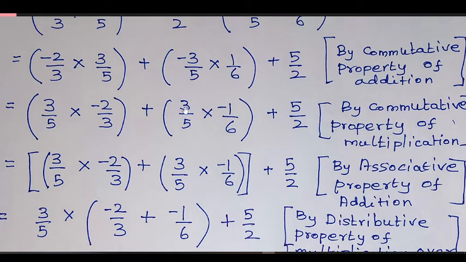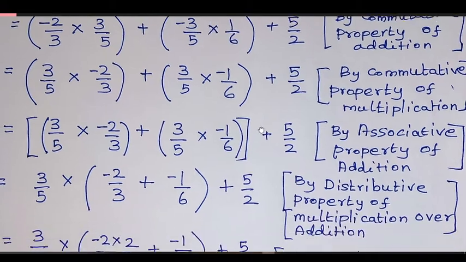The next term already has 3 by 5, but it is minus, so I don't want to confuse this minus, so I can shift that minus to minus 1 by 6. In multiplication, this minus can be tagged to any multiplier. The value won't change. So 3 by 5 into minus 2 by 3 plus 3 by 5 into minus 1 by 6. This is because I interchanged the terms within the multiplication, by the commutative property of multiplication.